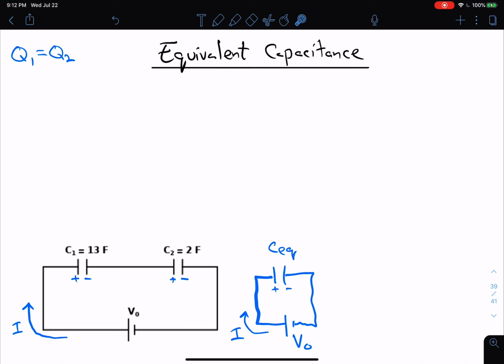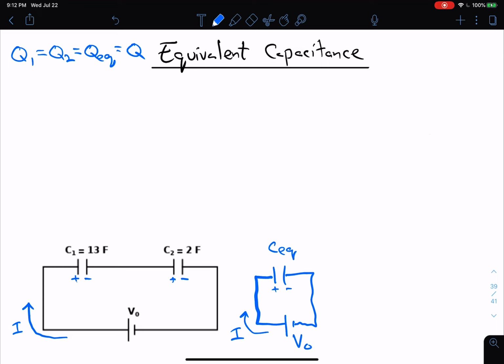So this plate has to have the same amount of charge as this plate has, and consequently as this one has. If that wasn't true, that would mean the battery was behaving differently. And so we can say that, look, Q1 is equal to Q2, which is going to equal QEQ. So let's just set these all equal to just Q. I'm just going to call them all Q because they're all the same.